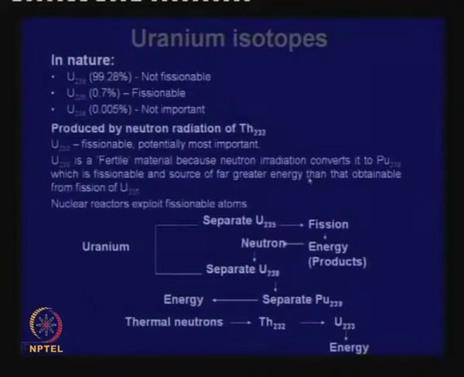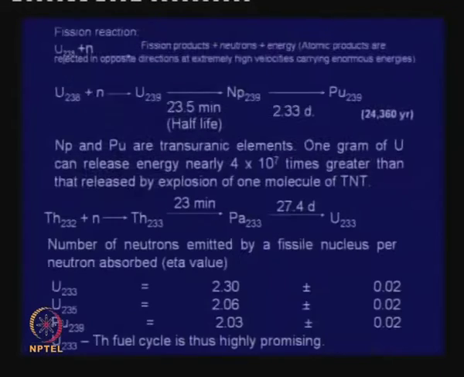Because per neutron absorbed, uranium-233 produces more neutrons as compared to the fission of plutonium or uranium-235. This is called the eta value, the number of neutrons emitted by a fissile nucleus per neutron absorbed. For U-233 it is 2.3, for U-235 it is 2.06, and for Pu-239 2.06.